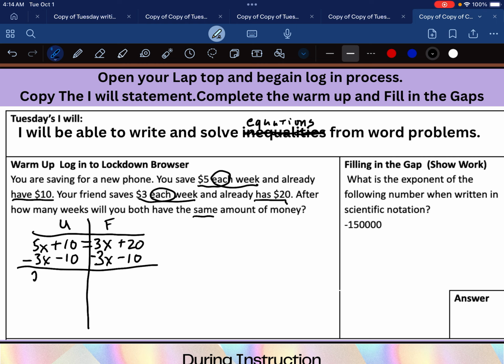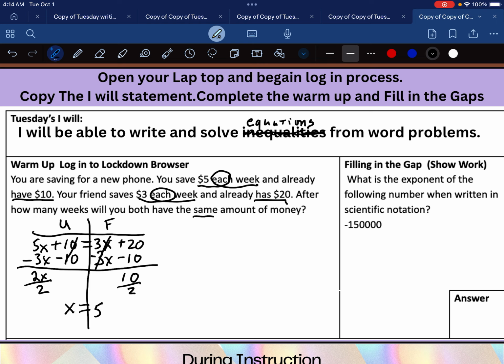That's going to be 2x equals 10. And then divide by 2. X equals 5.